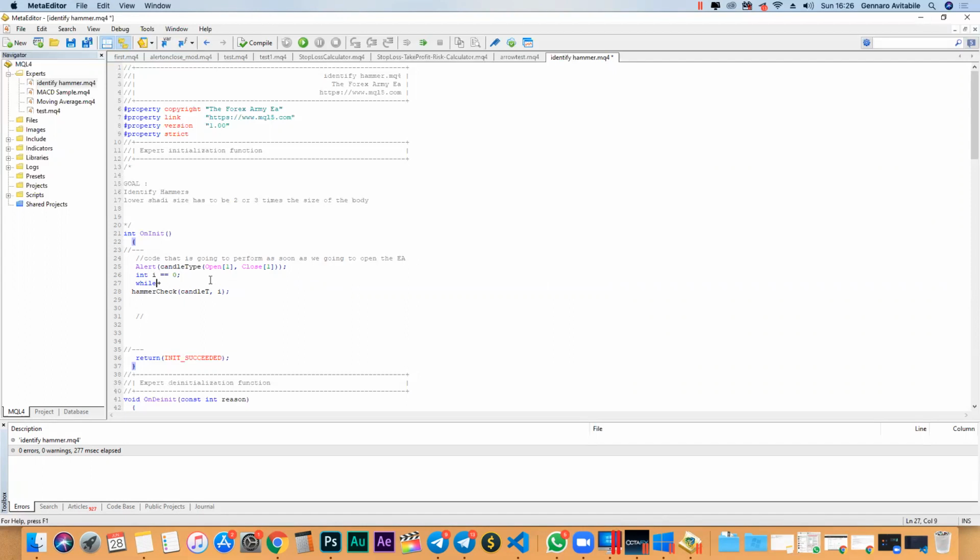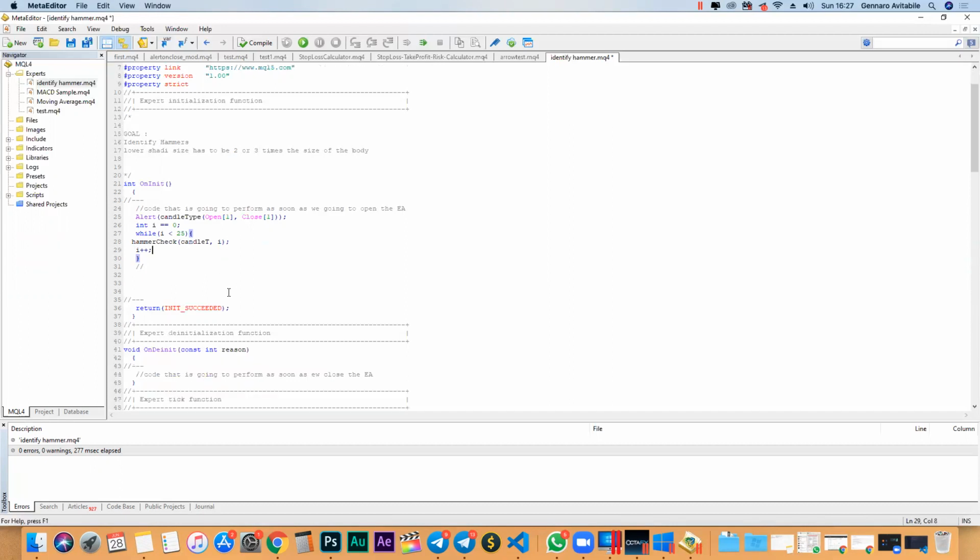All right, while I is lower than, let's say, 25, we're going to do the check. And also, we're going to just increment I. Well, we could have done this here, actually. Problem is that we also need to do this.